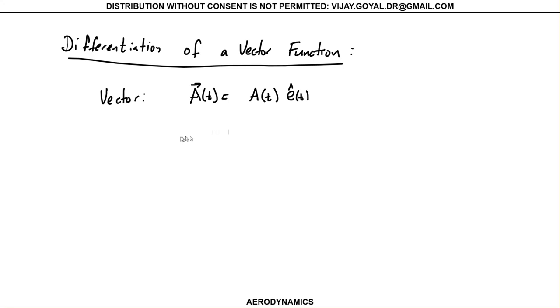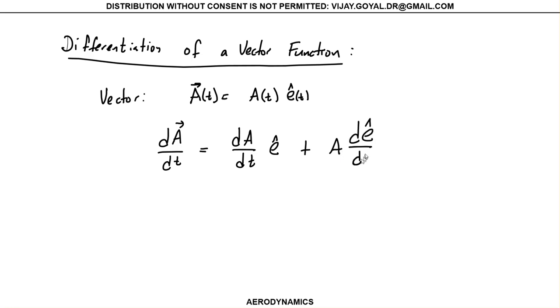So if I want to take the differentiation of A with respect to t, using the chain rule, this will be the derivative of A with respect to t times the second term, plus A times the derivative of e with respect to time.